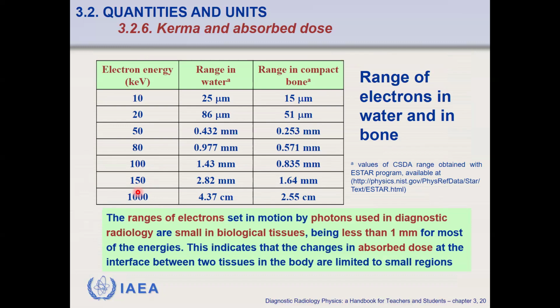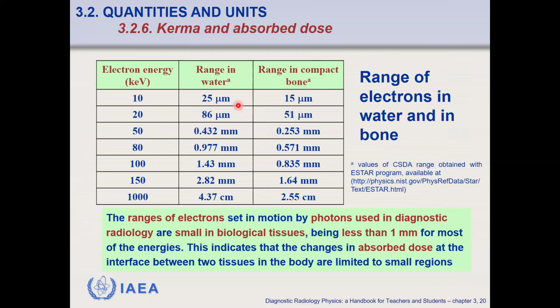We can see the relationship between the electron energy. If I have electron energy 10 kilo electron volt, 20, 50, 80, we can see the range of electrons in water and in compact bone. So the ranges of electrons set in motion by photons are small in biological tissues.